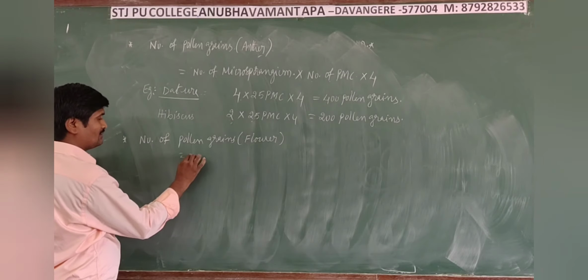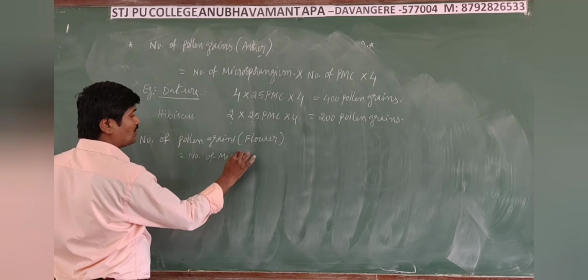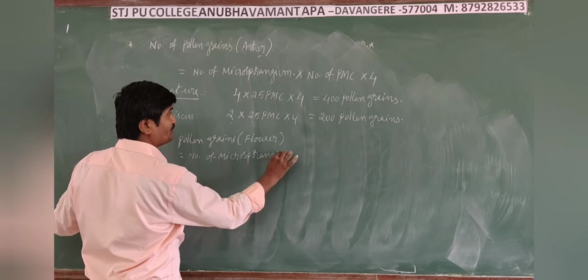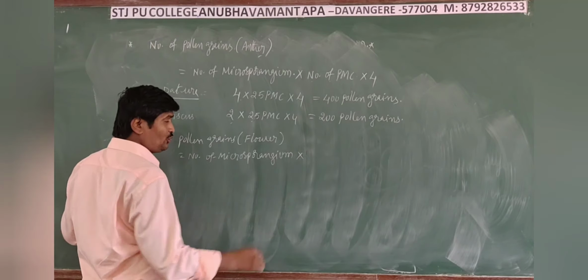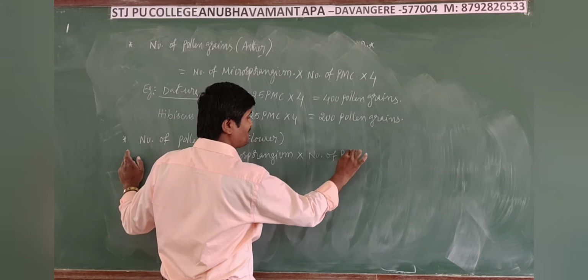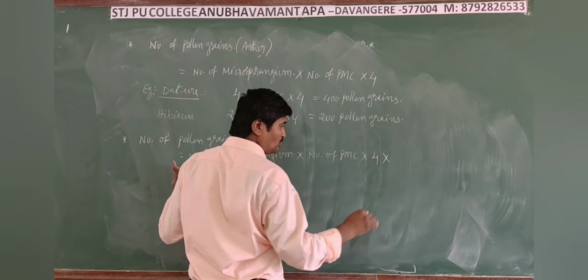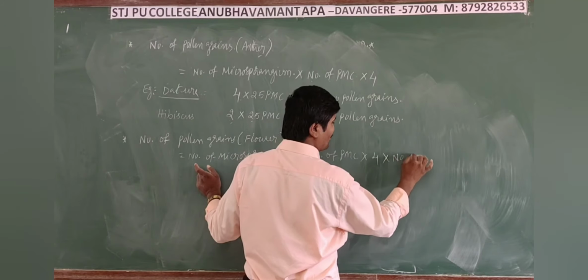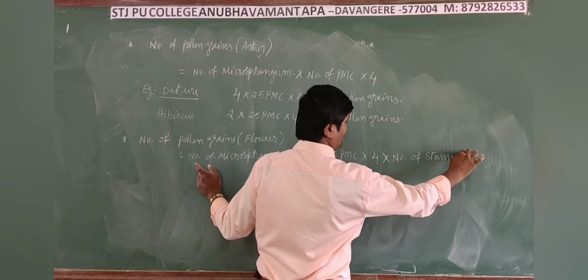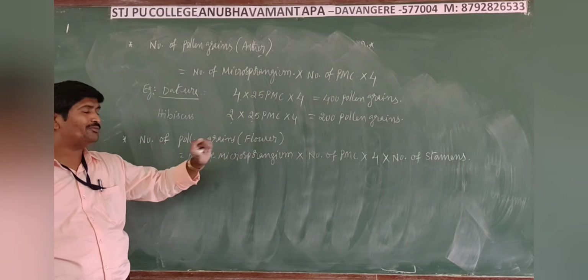First, the number of microsporangia into the number of pollen mother cells into 4 into the number of stamens. Total how many stamens are present in the flower?